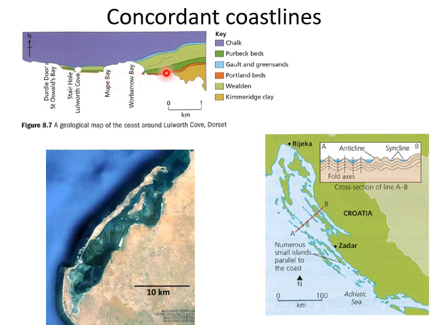This is because although we've got something like the Portland beds and chalk that can be harder, it can still be eroded, and over thousands of years this can lead to differential erosion, creating these unique shapes here. On the bottom right we have the Dalmatian coastline again, and on the left here we have something called a half coastline.